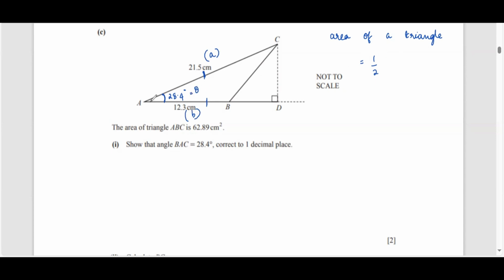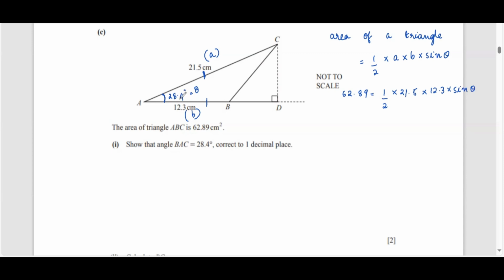The formula is half of A into B into sine theta. This is what we are going to use here. Area of the triangle is already given as 62.89. Half of A and B, given as 21.5 and 12.3, 21.5 into 12.3 into sine theta.